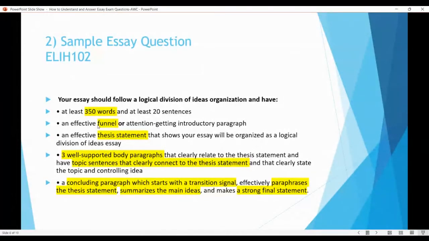For example, if I remember correctly, last year there was a question: write a comparative essay between coronavirus and measles. So the funnel introduction would be of this topic. There are many dangerous diseases in the world.